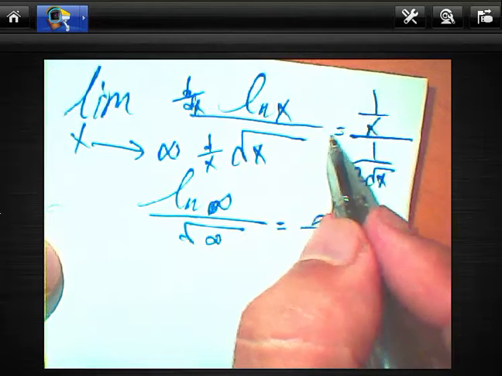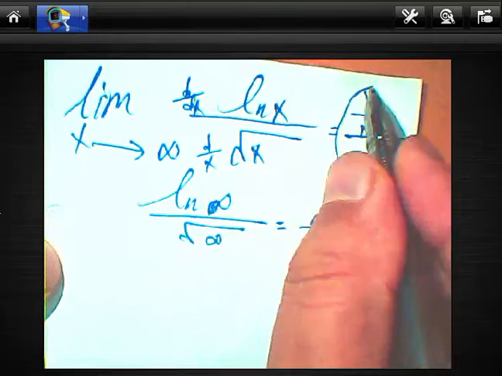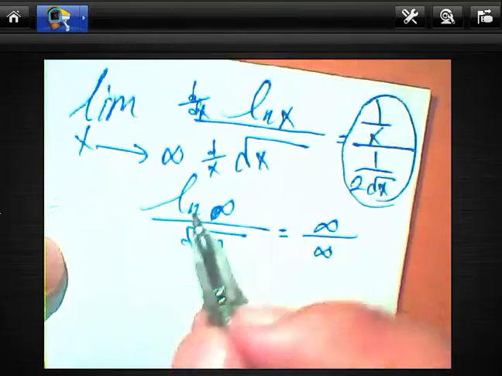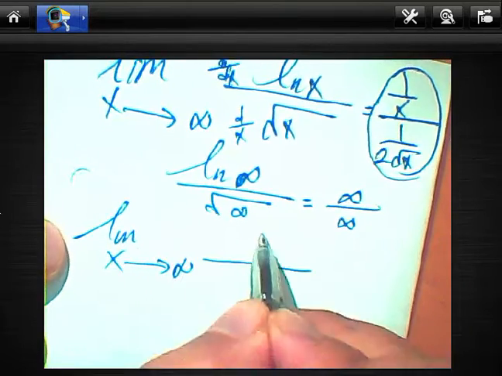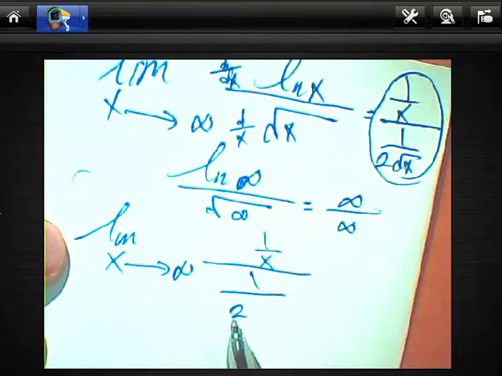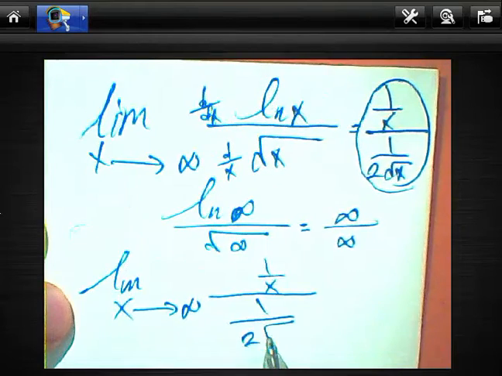Then we can put x equal to infinity, so the result will be the limit. We can write the limit as x approaches infinity of 1 over x over 1 over 2 root of x.